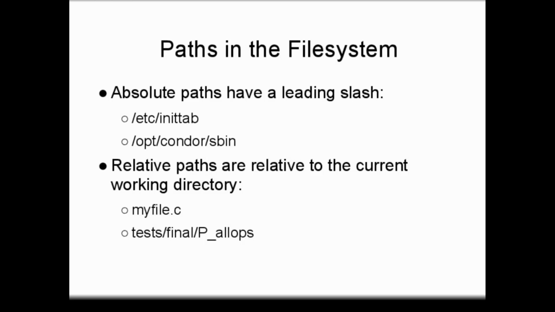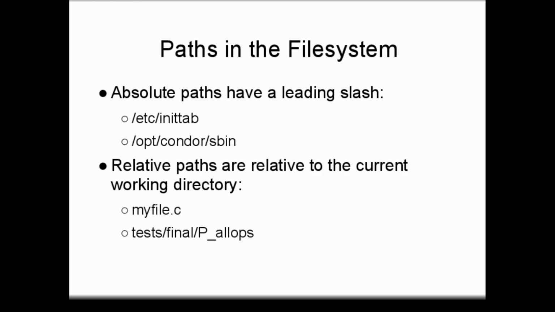Paths in the file system can be given in one of two ways. They can be given as an absolute path, meaning that they have a leading slash, such as /etc/inittab or /opt/condor/bin. Relative paths, on the other hand, are relative to whatever current working directory the shell is in.